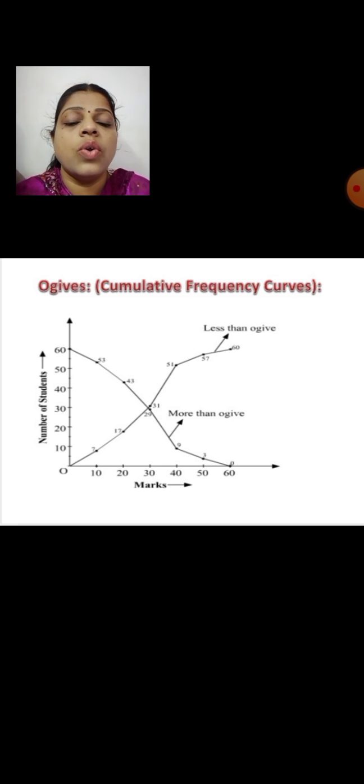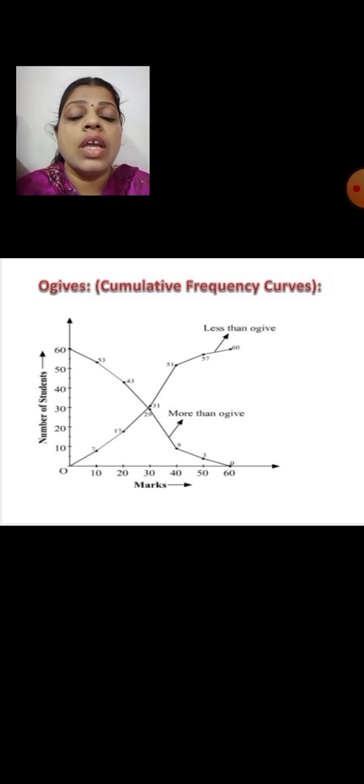Here also the class limits are marked along the OX axis, and the corresponding frequencies are along the OY axis. We want to plot the cumulative frequency values found for each class limit. I told you that two types of ogives are there: less than cumulative frequency values and more than cumulative frequencies.